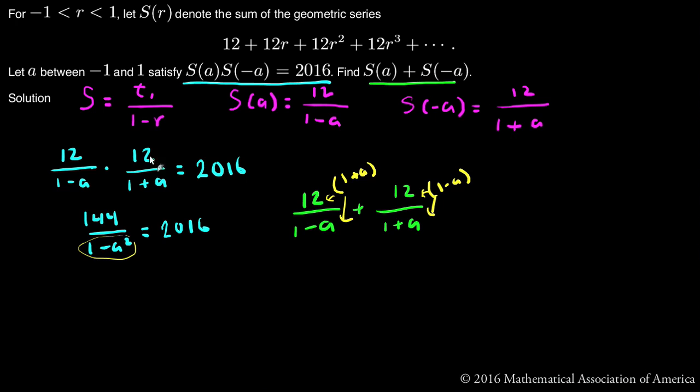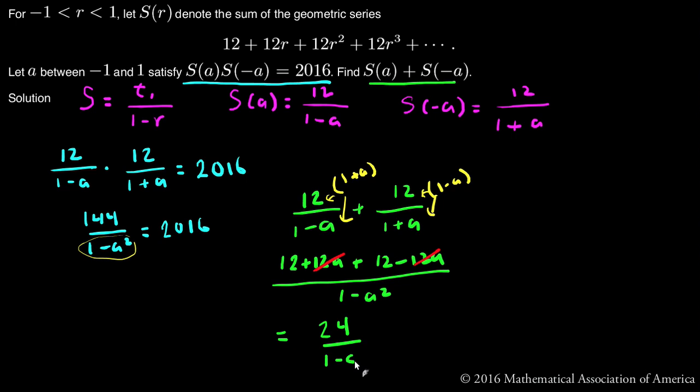So let me keep on going with this. This would give me 12 plus 12A plus 12 minus 12A all over 1 minus A squared. The 12A's cancel, and that gives me 24 over 1 minus A squared. And here's how I finished it off.